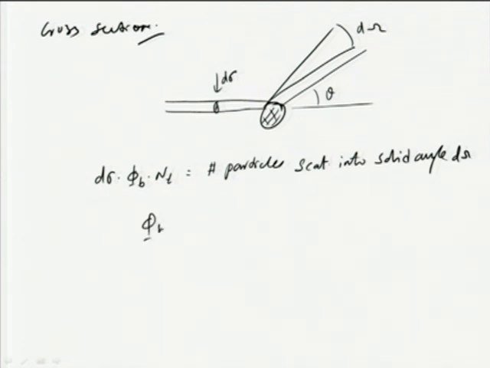Flux itself can be written as number density into the speed. So that will give you the volume number density. Nb is the number of particles divided by volume, into Vb, which is basically the speed of the particle.